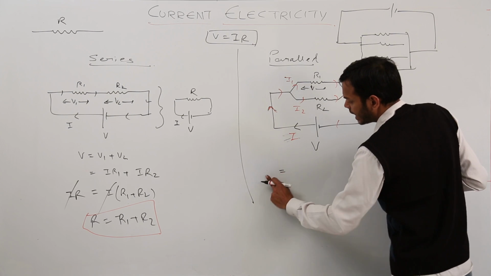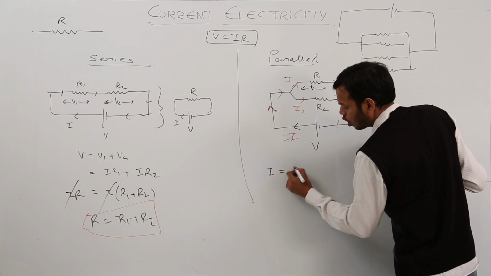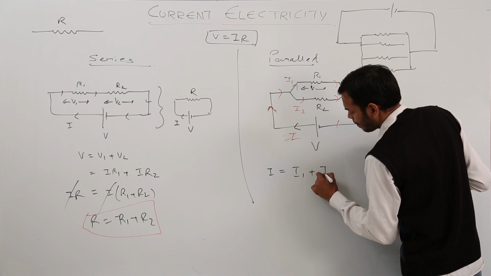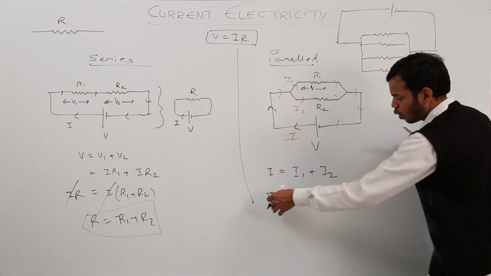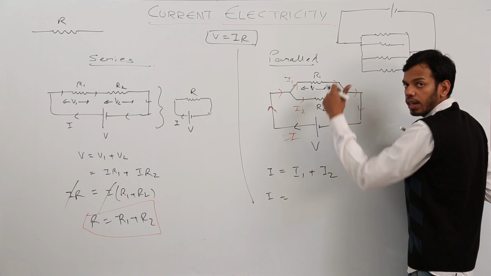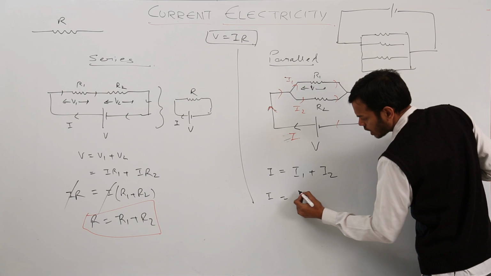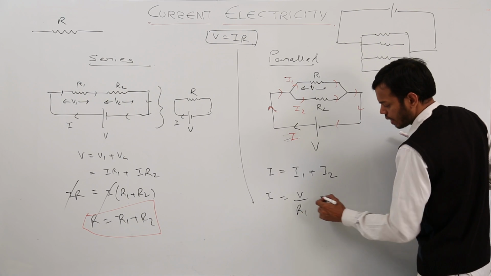So total current, instead of starting from V, I'll be starting with total current. It got divided into two parts, I1 and I2. What is I? Okay, we'll go to this point later. What is I1? I1 is V upon R1, V is the voltage given to resistor R1, upon the resistance of the resistor, R1.